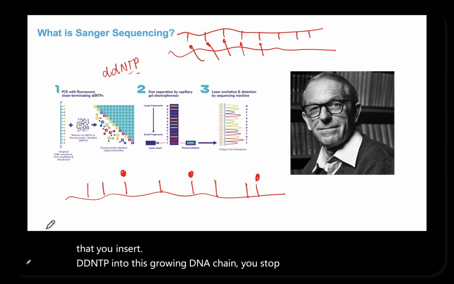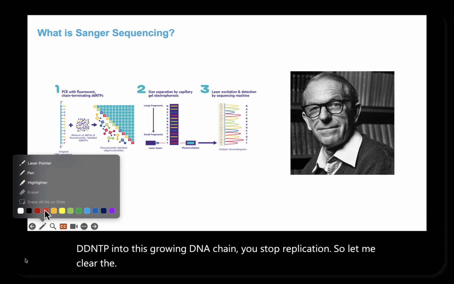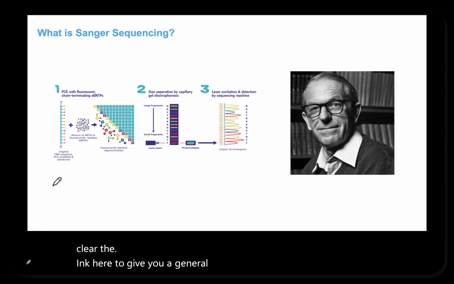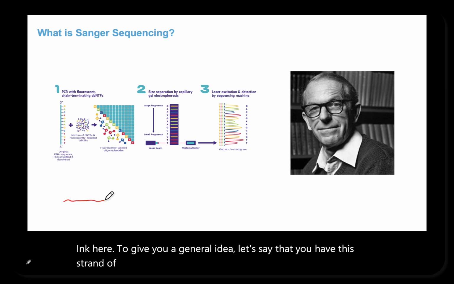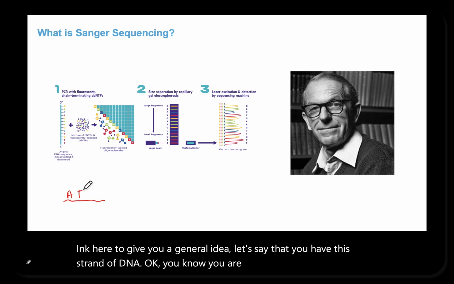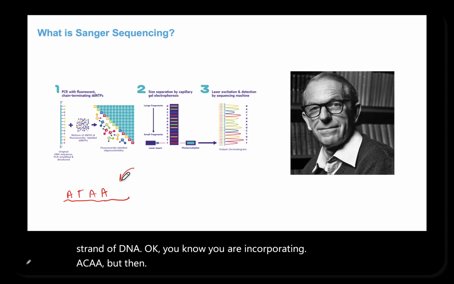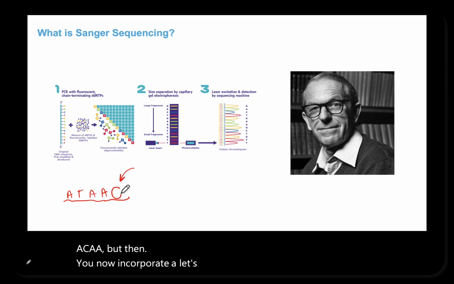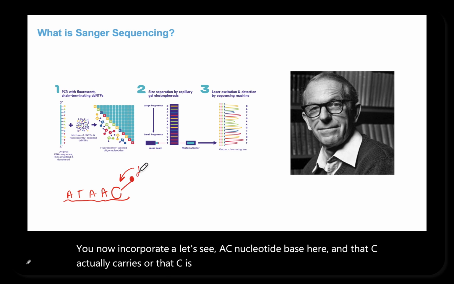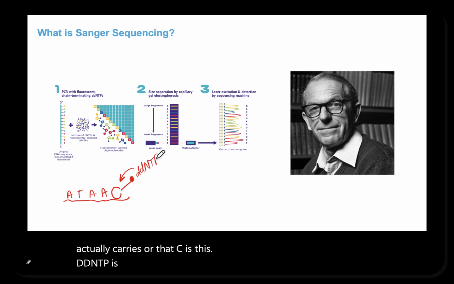So let me clear the ink here to give you a general idea. Let's say that you have this strand of DNA. You are incorporating A, T, A, but then you incorporate a C nucleotide base here. And that C is this ddNTP, this modified nucleotide.